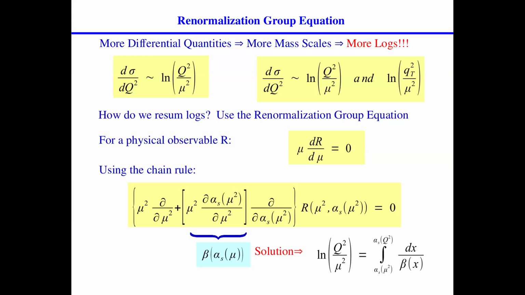Now, the renormalization group equation, oversimplified, says that physical observables should not depend on that renormalization scale, and so I can just apply the chain rule. If my observable depends on mu and on alpha S of mu, I have the differential with respect to mu, and then the alpha dependence. That's basically the beta function, and the beta function tells you how alpha S changes with the mu scale.